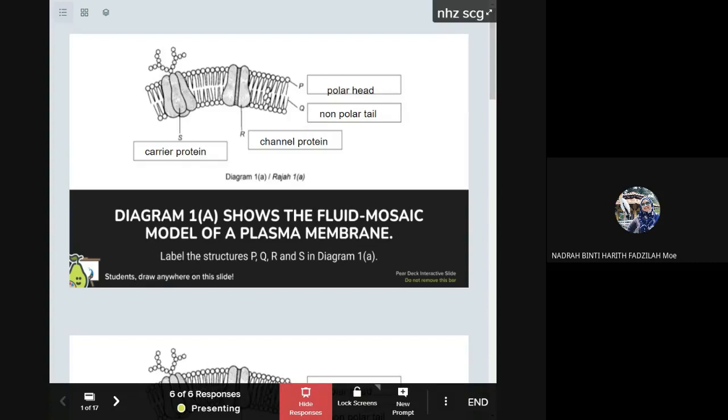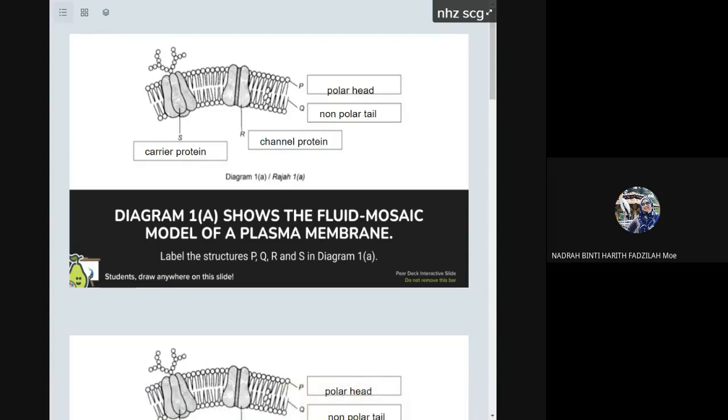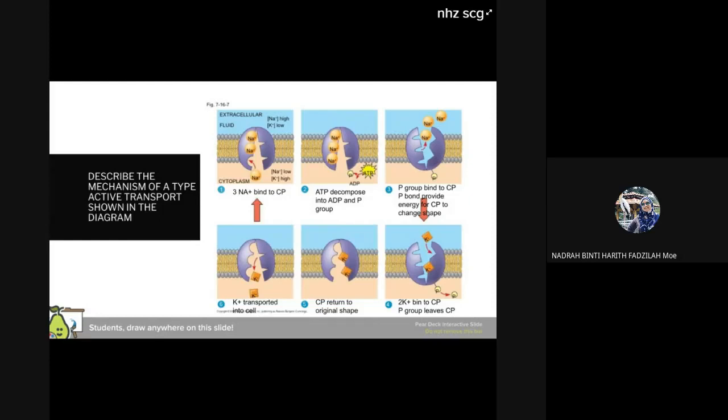Okay, saya tukar ini kepada student pace. You can continue on doing this particular slide. Okay, dah habis. Okay, tak apalah if you have finished. Now for this particular slide, you can draw any part of the slide. Just a quick recap before we do one question about active transport lepas ni.